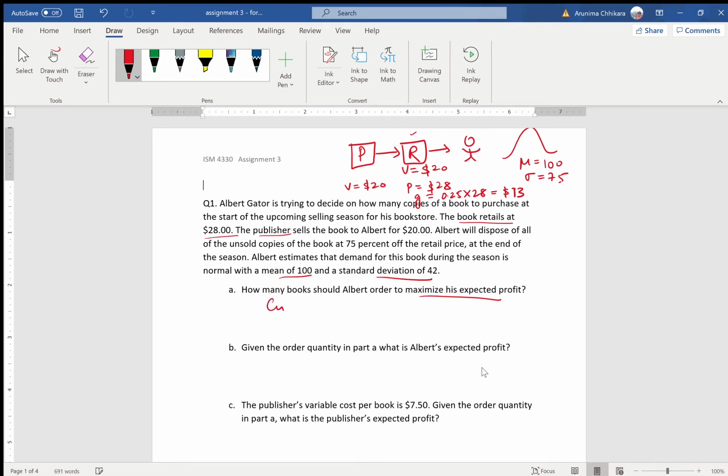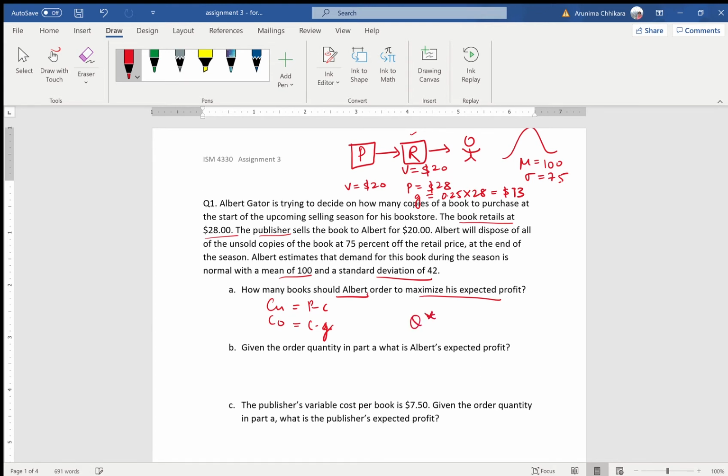So we will find the cost of underage and overage for Albert. Our cost of underage would be your price minus the cost, and your overage would be your cost minus the salvage, or G here. Once you have that, then you can find what the Q star would be.